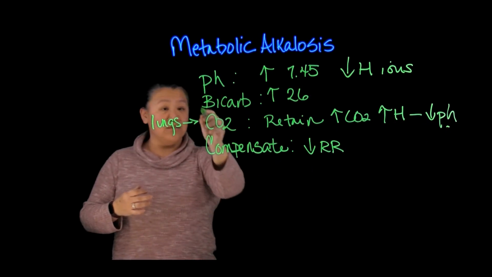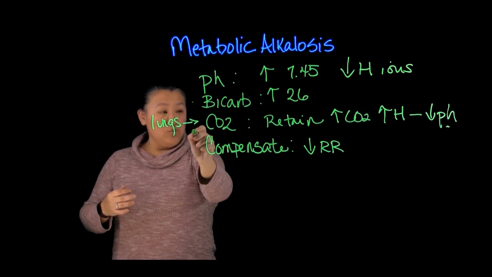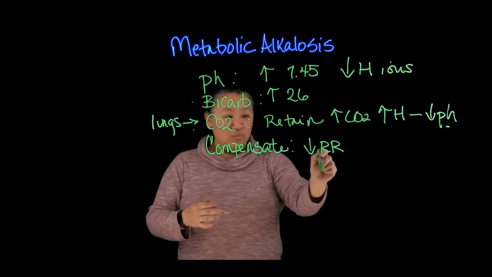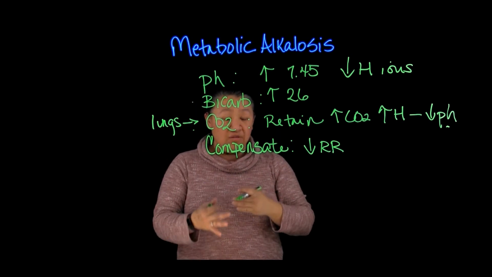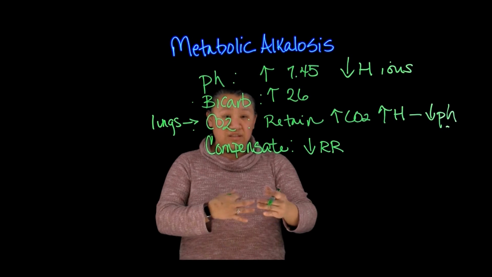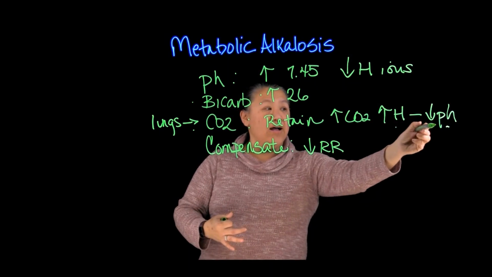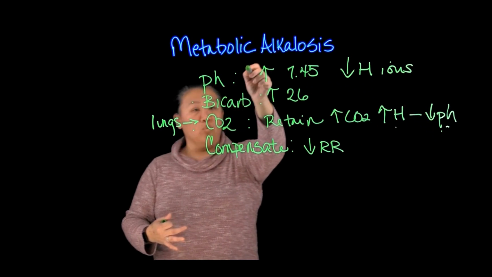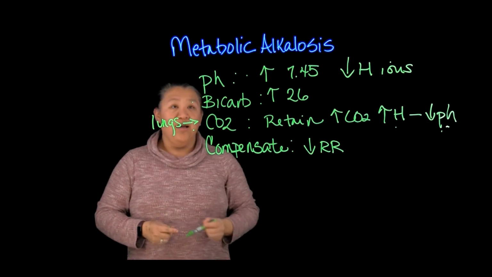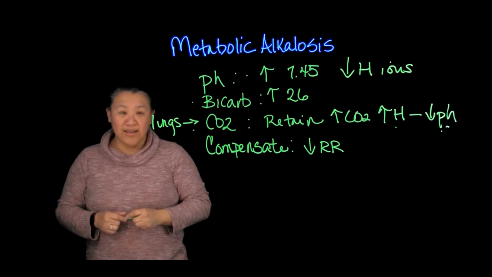And so because of the metabolic issue, lungs will compensate, decreasing the respiratory rate. You breathe a lot slower, so you retain CO2 rather than blowing it off. You'll increase your hydrogen ions, decrease your pH to correct the problem. And that concludes metabolic alkalosis.